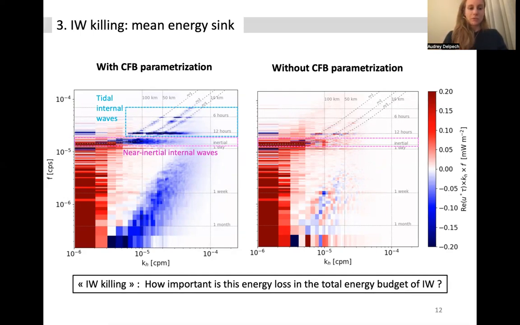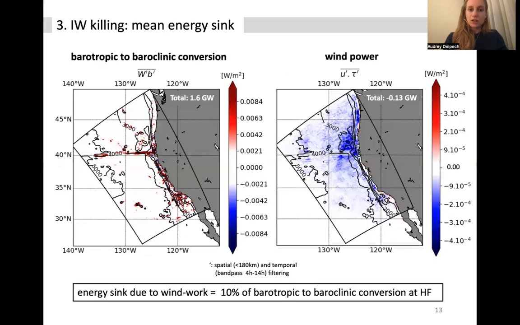So the question, like I was saying, is how important is this energy loss in the total energy budget of the internal waves? And to quantify this, I've computed the power input into the internal waves. Here it's focused on the M2 internal tides, which are a dominant feature in the region.